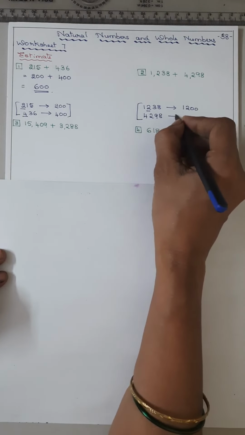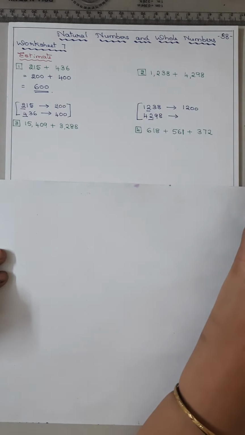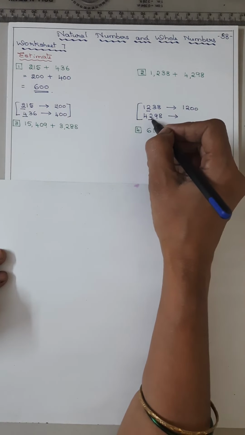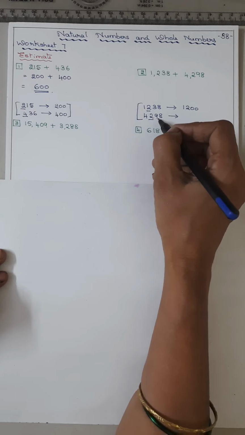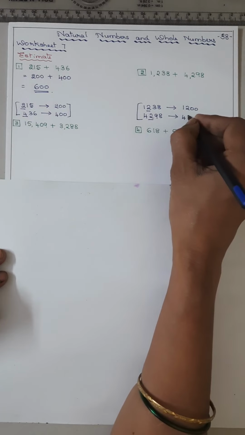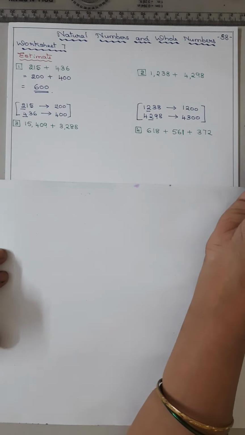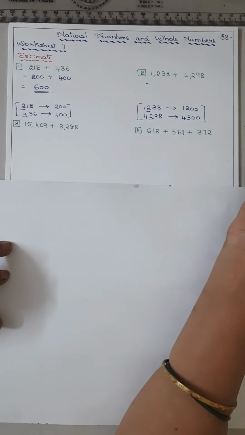And now 4298. Underline the hundreds place. It is 2. To the right of it, it is 9. So 2 will become 3. Why? More than 5. So it will become 4300. Now write the numbers.